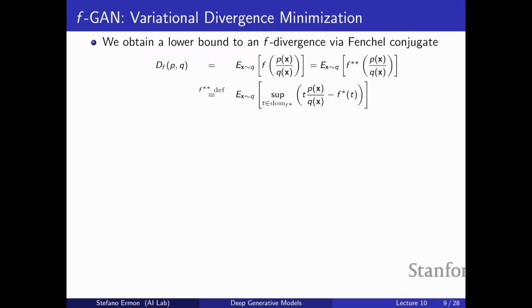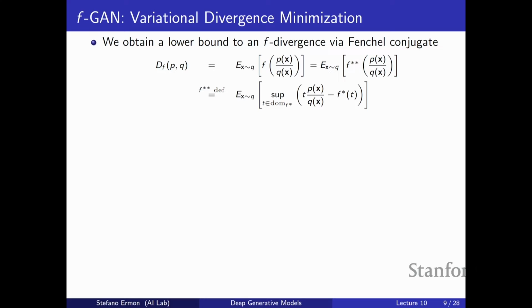Recall that we're evaluating f double star at the density ratio, so we can write f double star as the supremum of t times the argument minus f star evaluated at t. That's just the definition of the conjugate of the conjugate.